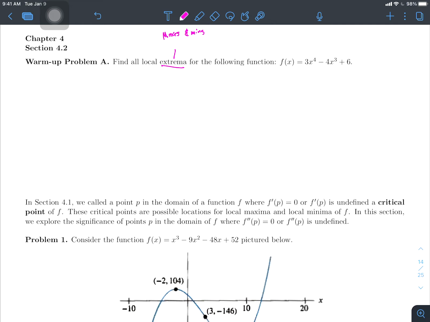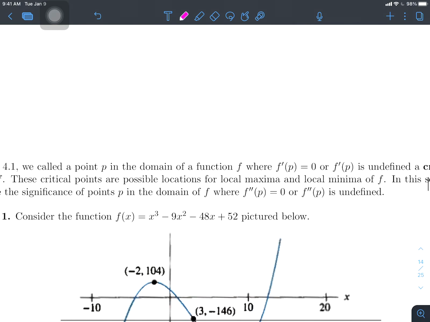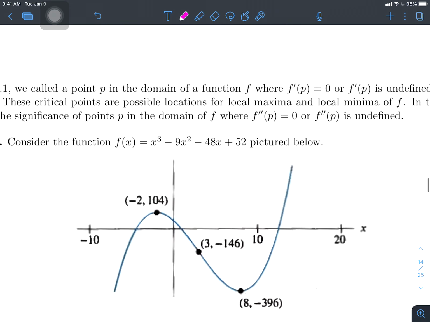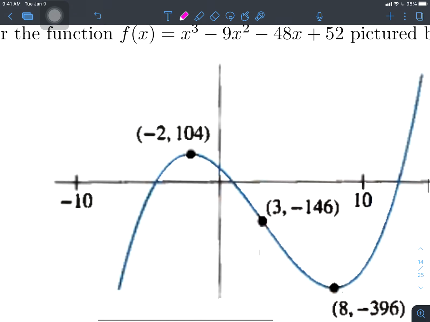Essentially, what inflection points are is a classification of when the graph changes concavity. We have established what it means for the first derivative to change sign.